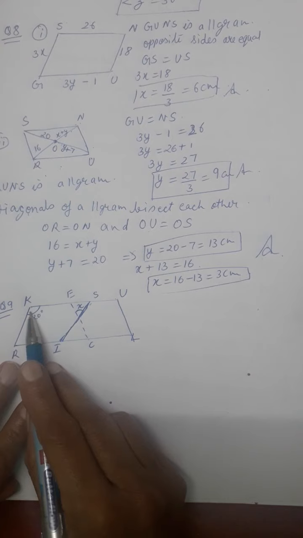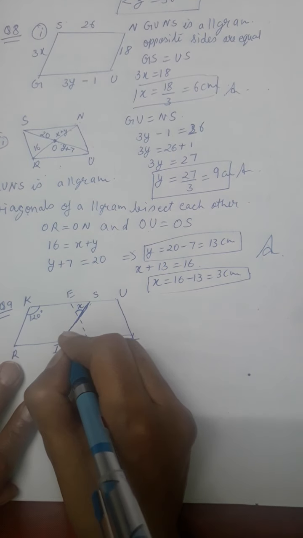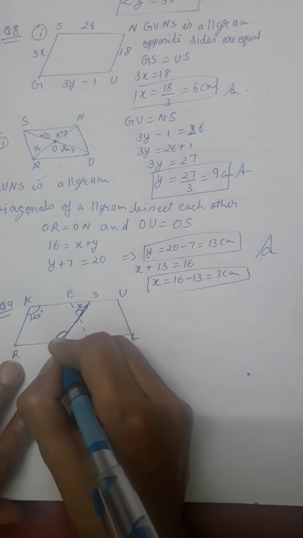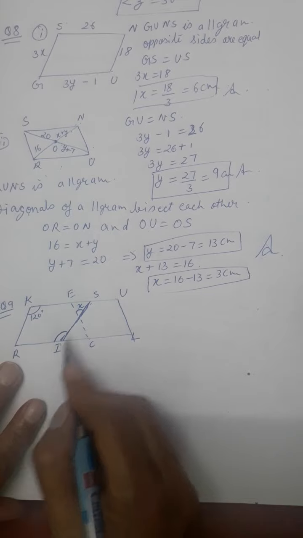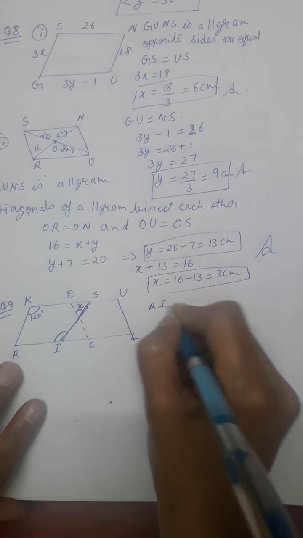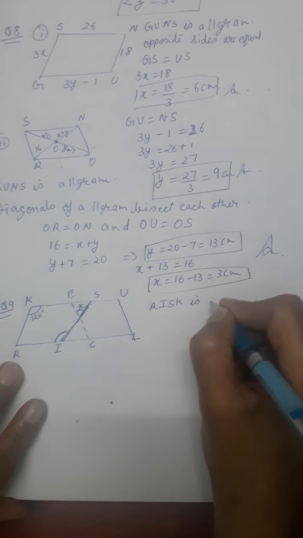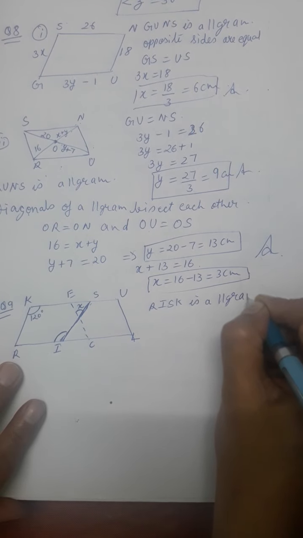Now when K is given equal to 120 degree, then what will be the angle I? It will also be 120 degree by the property that opposite angles of a parallelogram are equal, because RISK is a parallelogram. Write down, RISK is a parallelogram.